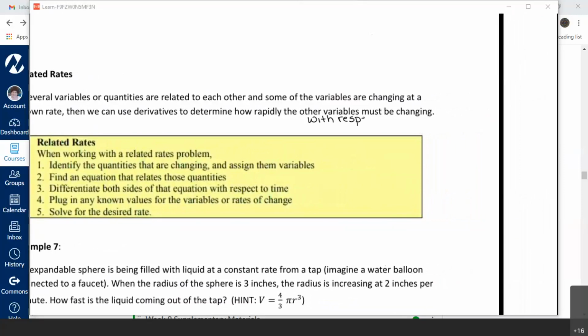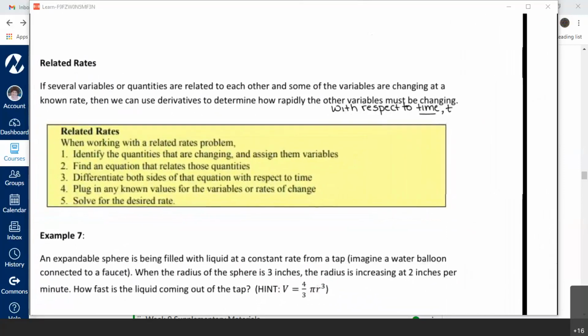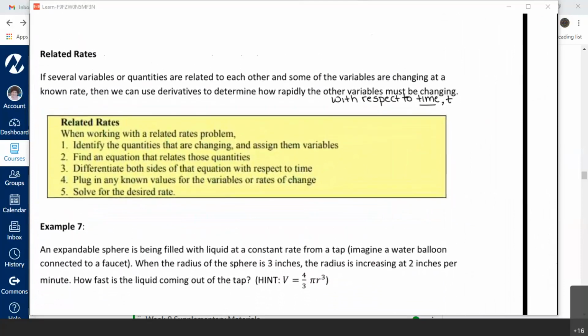So basically, to do all of these problems, identify the quantities that are changing and assign them variables. Find an equation that relates those variables. This is usually the hard part.